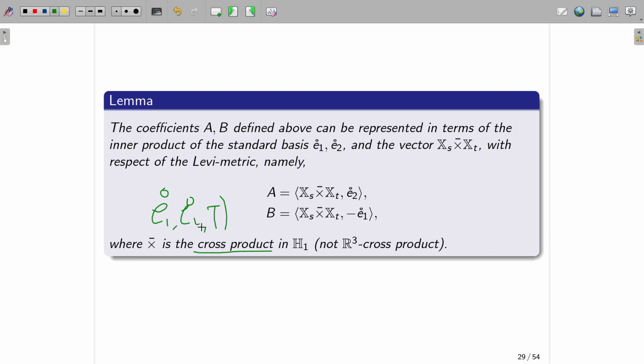So we just use these three as an orthonormal basis, and we keep the same rule as in Euclidean space, but we change the basis. So that's the projection of the normal direction on the E2 vector and on the E1 vector.